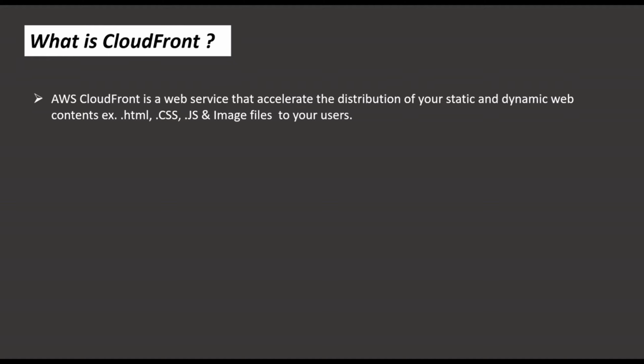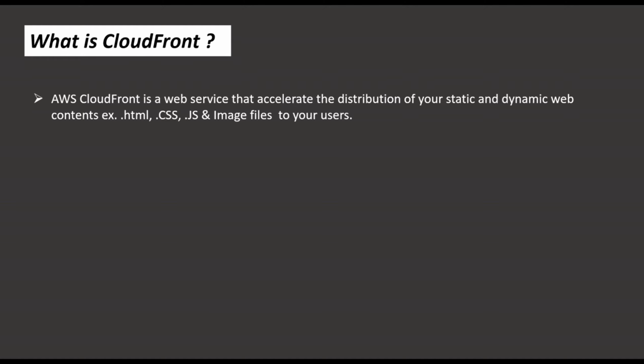I, as a user, and there is a web server. I make a request for an object and web content from that particular web server. The web server, in order to serve my request, responds back to me with that object and the contents. And CloudFront plays its role here.